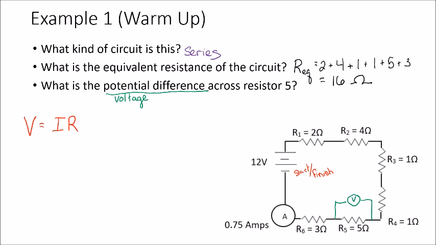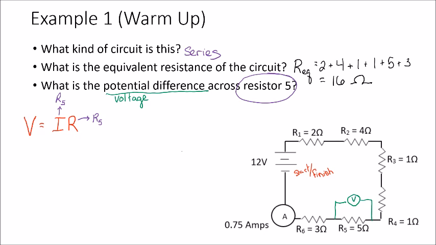In this case, because the question asks us for the potential difference across resistor 5, all of these pieces of information in our equation need to be about resistor 5.